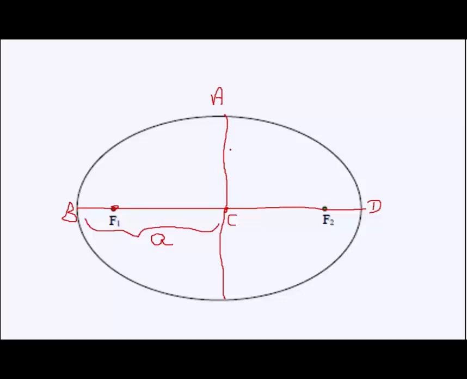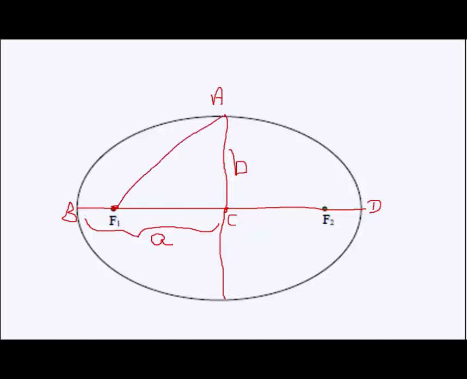What do you think that distance is? The whole length of this axis is the minor axis, and therefore AC is half of the minor axis. We call it the semi-minor axis, and we denote it by the letter b.